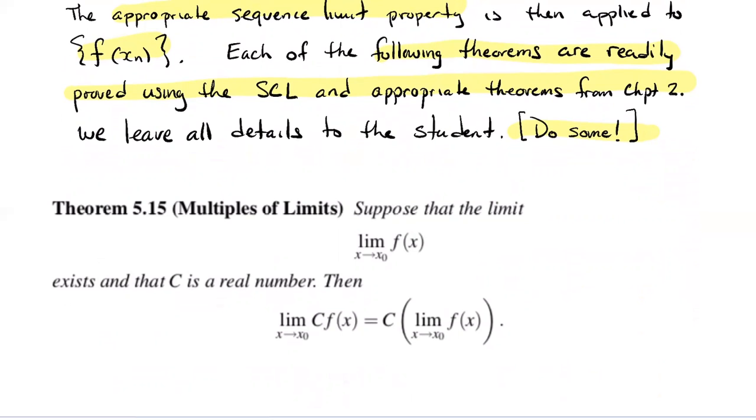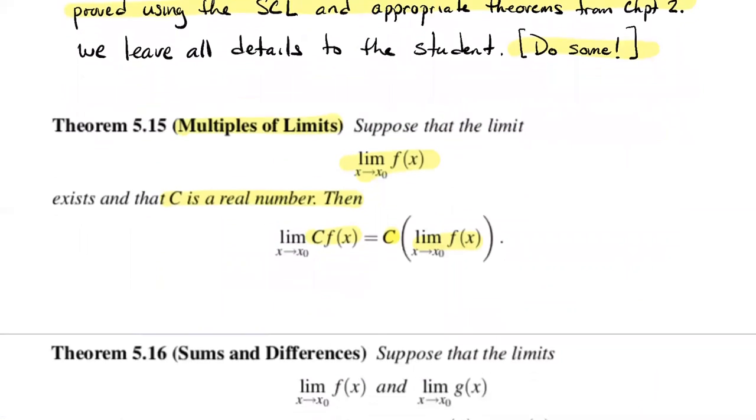The author is calling it the multiples of limits theorem: if you have some function and its limit exists, then if you take any real number c and multiply it by the function, that new function also has a limit, and its limit is c times the old limit. So you can pull constants through limits, calculus students usually say. How to prove that? Take a sequence converging to x naught, apply f, use the chapter 2 multiples of limit theorem, get your desired conclusion.